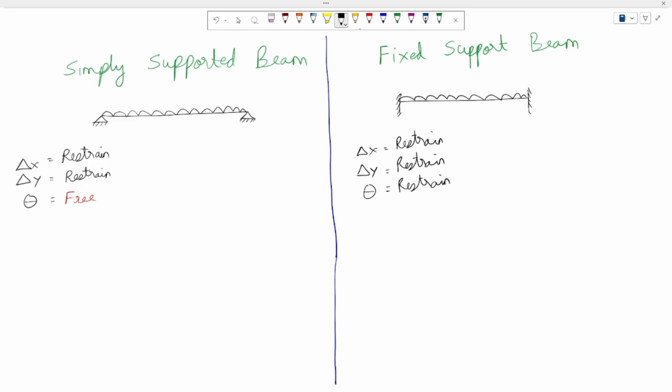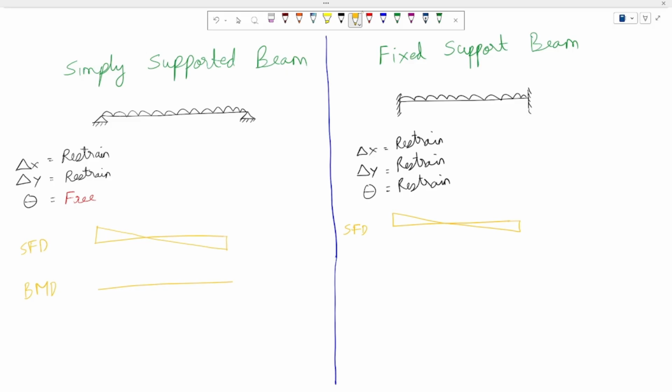Now let us see how this is affecting your structure. First, let us see the shear force diagram, SFD. You will have certain reaction over here and the same reaction over here. SFD will be the same for both the cases because the reactions are the same. What will change is the bending moment diagram, BMD.